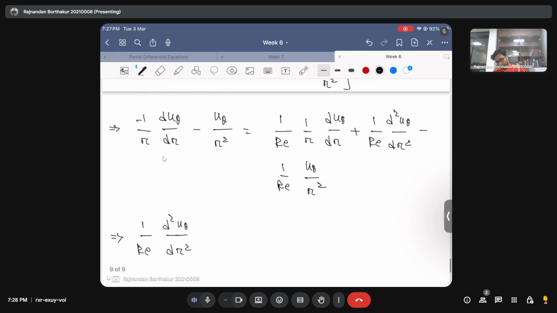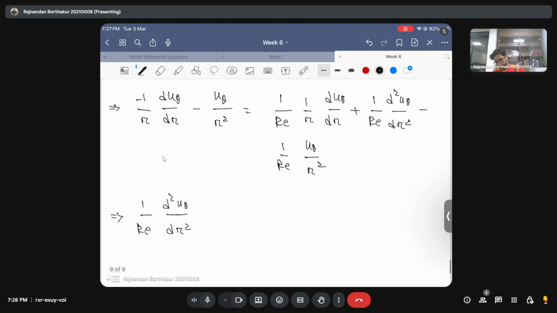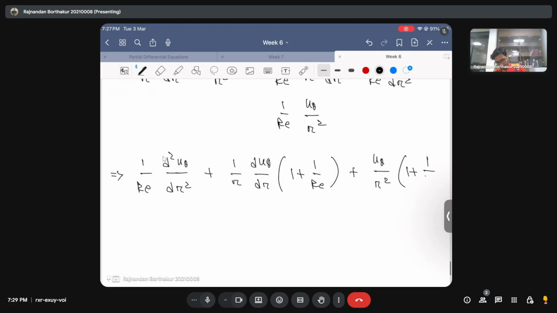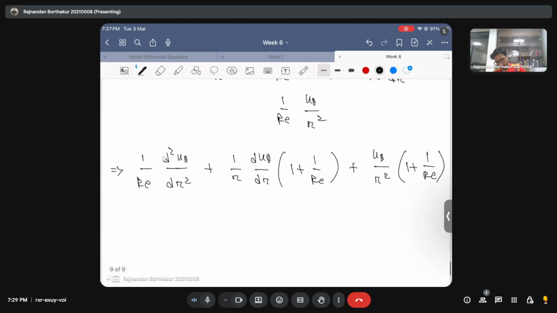Okay, and then when I take this term over there, I'll have 1 by r du theta by dr times 1 plus 1 by Re, okay, because I'm just taking this term over there, that's all that I'm doing here, okay? And then I'll have the other term, which is u theta by r squared times 1 plus 1 by Re, and this is equal to 0.